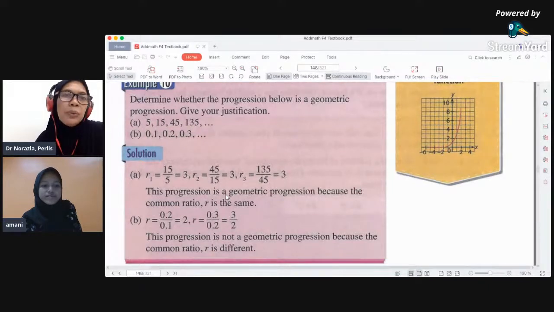You need to state the justification, or else you will not be given the marks.